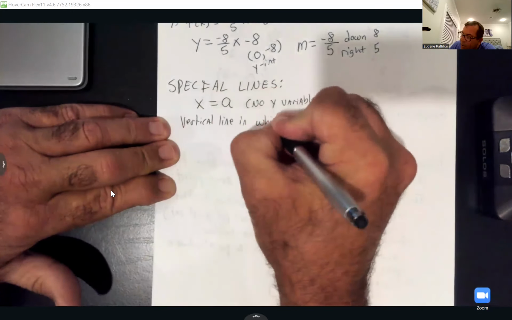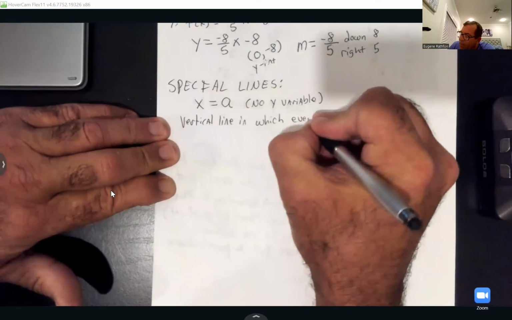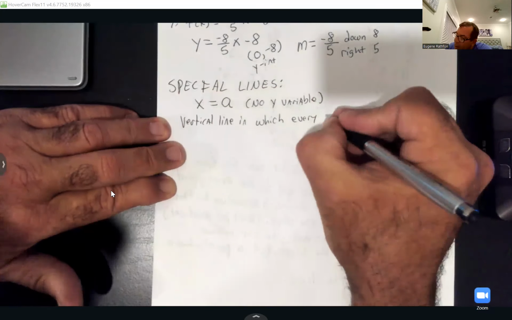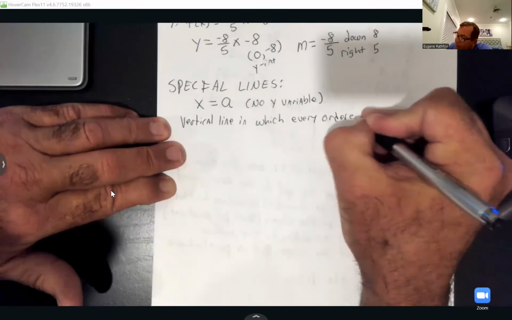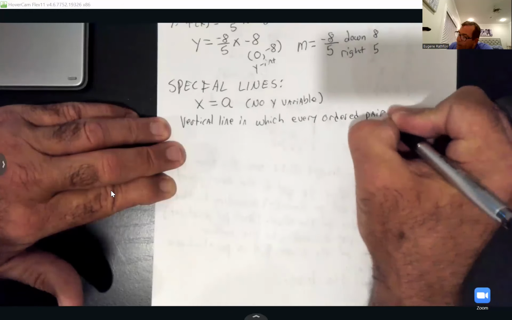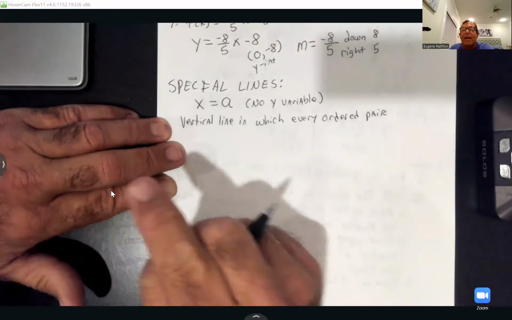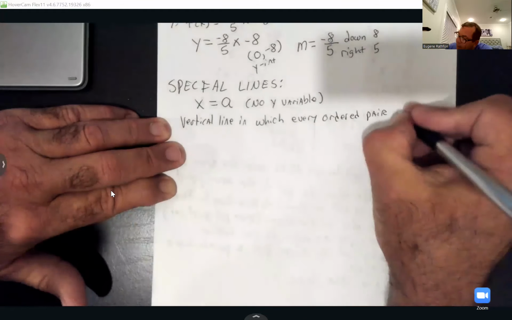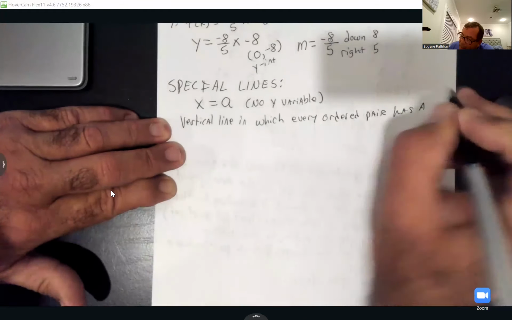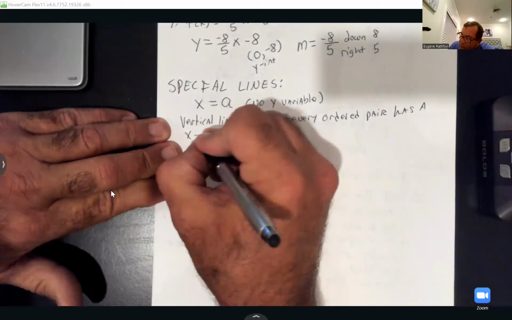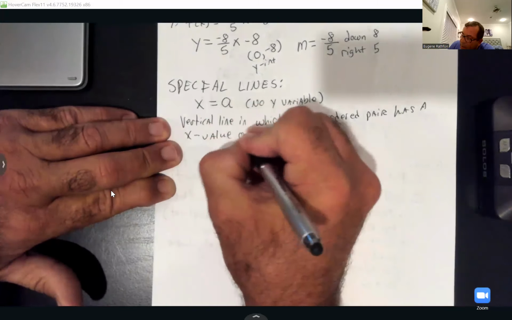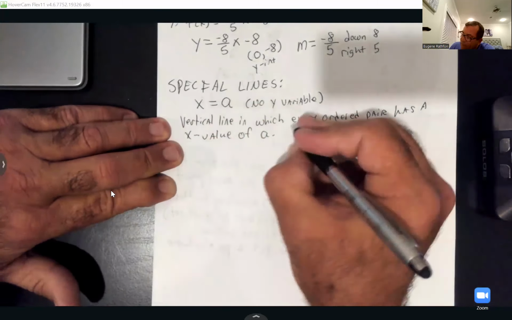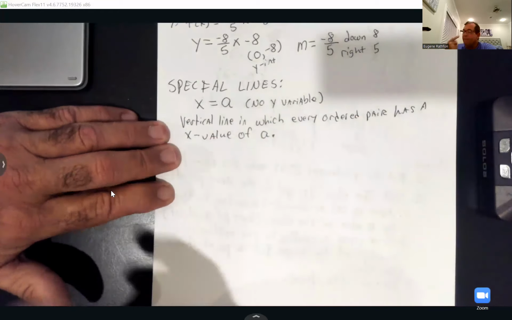In which every ordered pair, that means every point on this line, has an x value of a. Okay.